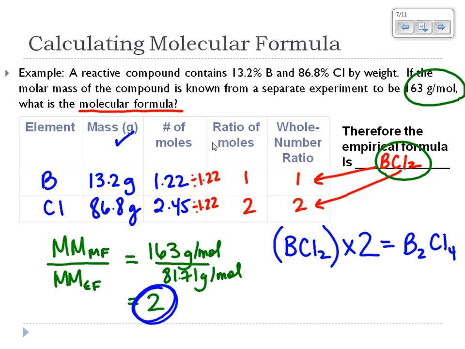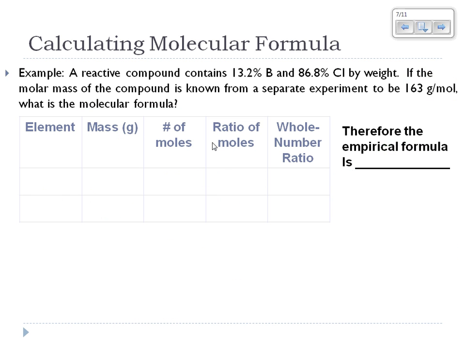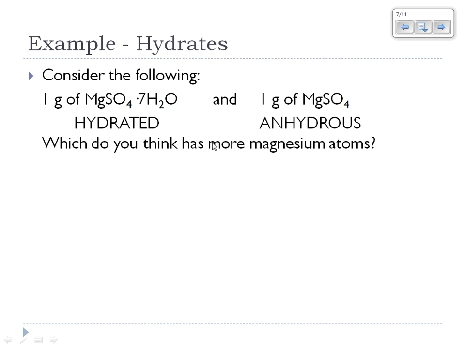The last example I want to go through with you is hydrates. And for some reason, again, people find hydrates really complicated, but they're really not. So I want to talk you through a quick example of that, and then we're done. Look at this hydrate example. Consider the following. If I have a gram of magnesium sulfate heptahydrate or a gram of just straight up magnesium sulfate, which one do you think has more magnesium atoms?